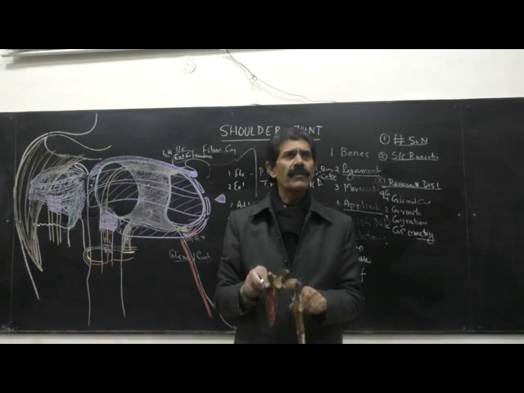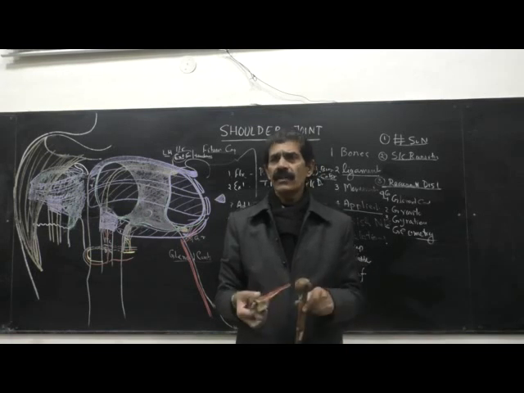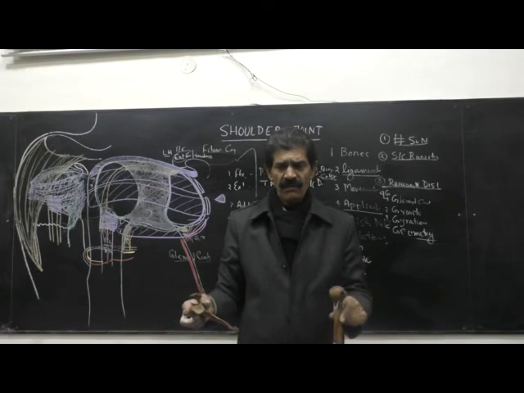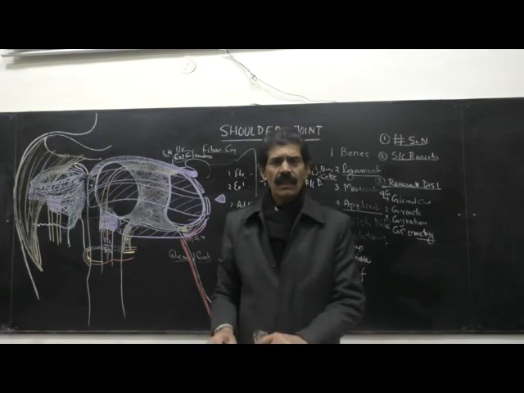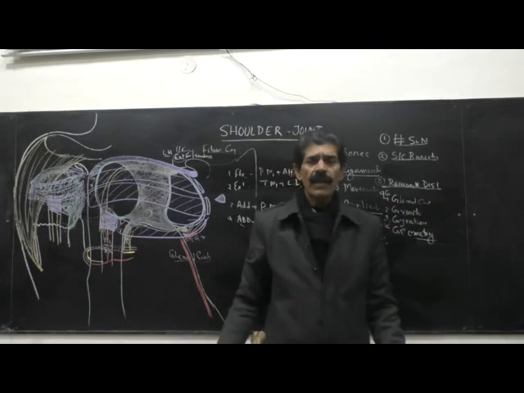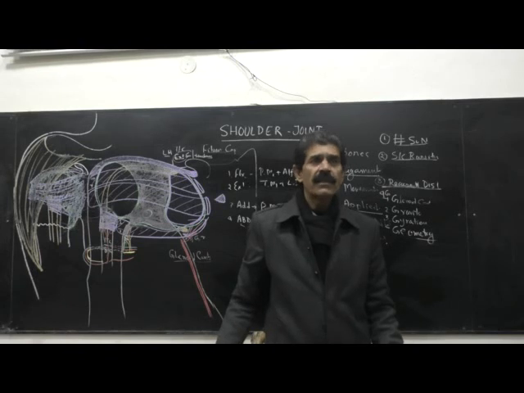This mismatching is the problem in the geometry. The two bones taking part in the joint formation are different and not compatible. So you have to remember these 4 G's, which make the joint weak.